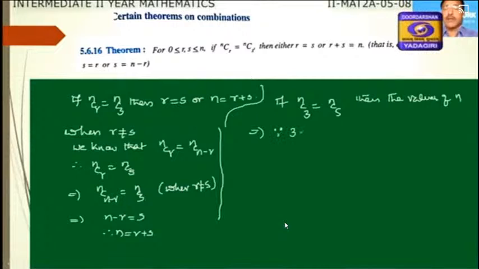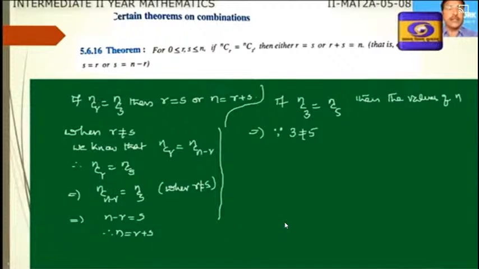Since 3 is not equal to 5, when r is not equal to s, then only n is equal to r plus s. So when nCr is equal to nCs, either r is equal to s or n is equal to r plus s. Only one will be true. If r is not equal to s, then certainly n is equal to r plus s.